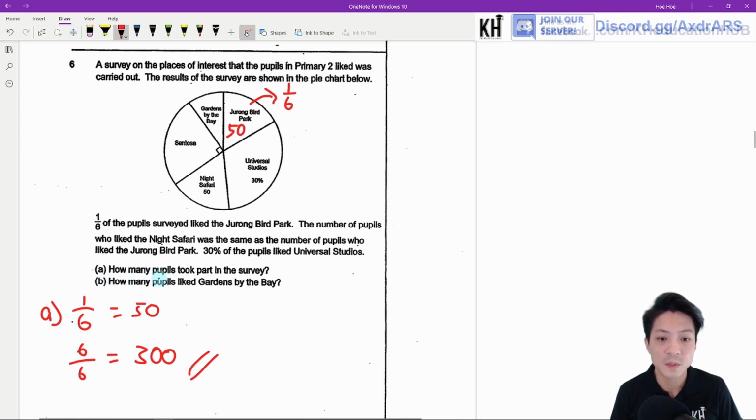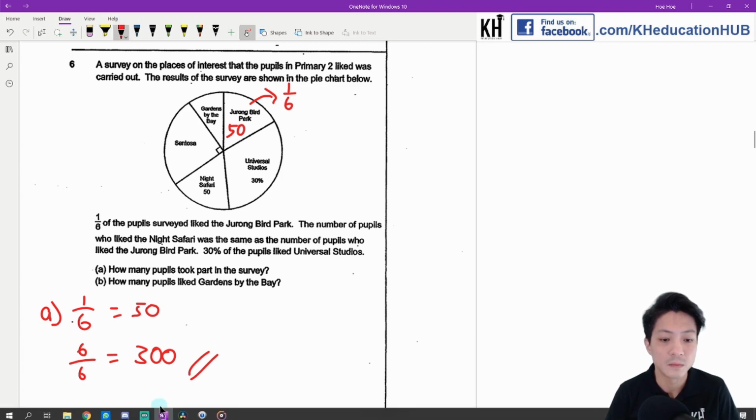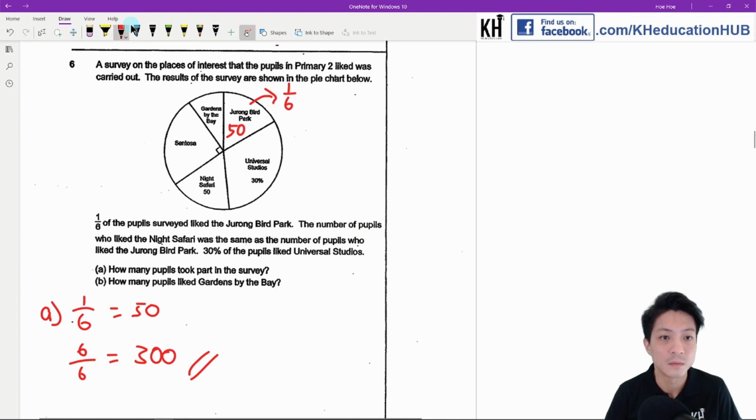Part B, how many pupils like Gardens by the Bay? Okay, Gardens by the Bay. Okay, let's find out the Sentosa and Universal Studio first.